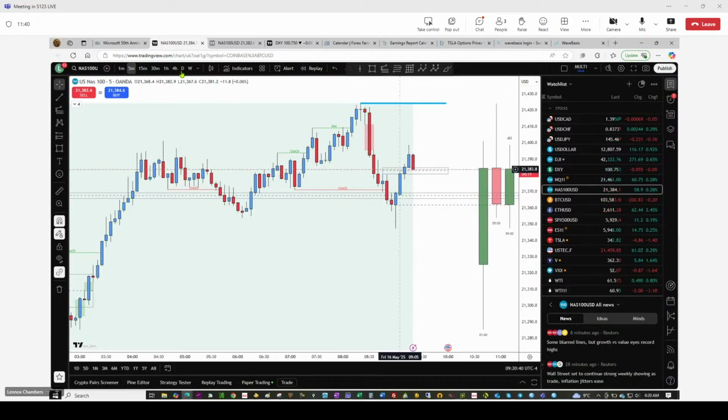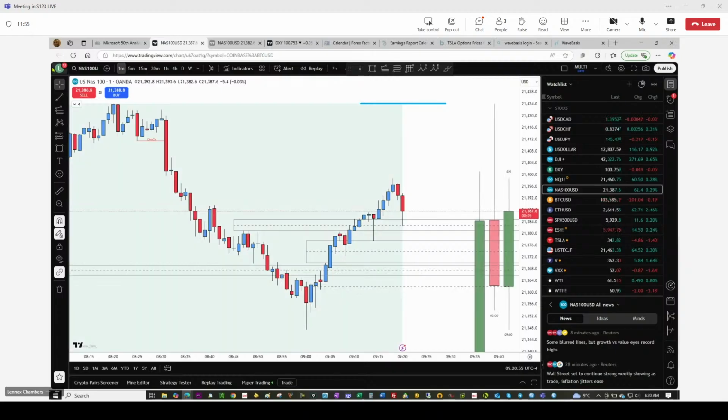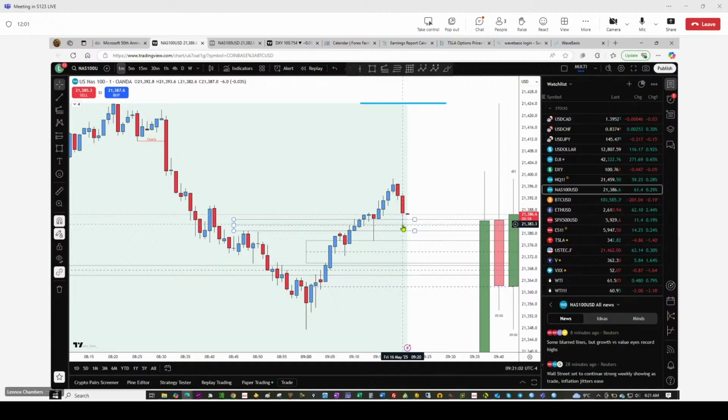On the 5-minute, I do have a gap already. I'm going to go to the 1-minute time frame. Okay, so there's my 15-minute gap. We're just touching into it right now, but that could go away. And here we have our 5-minute gap, and we could come back into that.